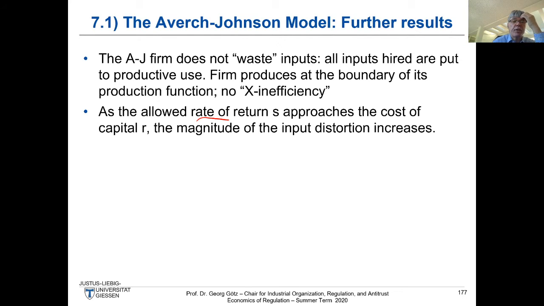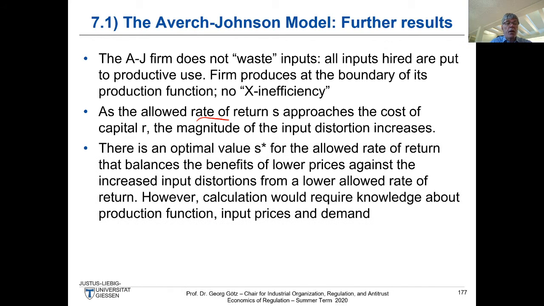You might think, why not just set it equal to r? Because that really would increase the distortion. We will show you that, because then, of course, it always has to be strictly above, and the only way to really get higher profit would be to have a very, very high capital level. And even though you could calculate an optimal s, that doesn't make sense because it requires information.